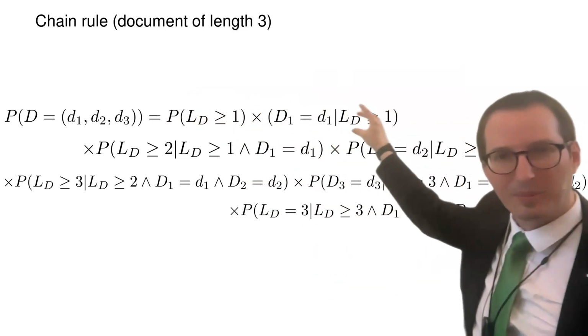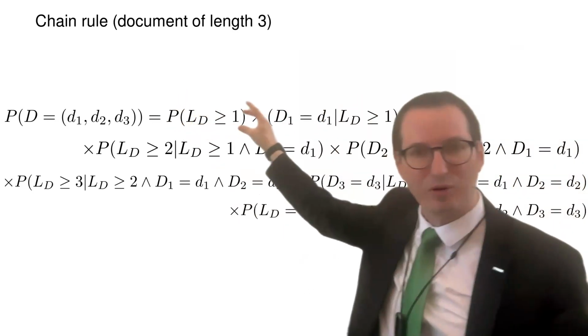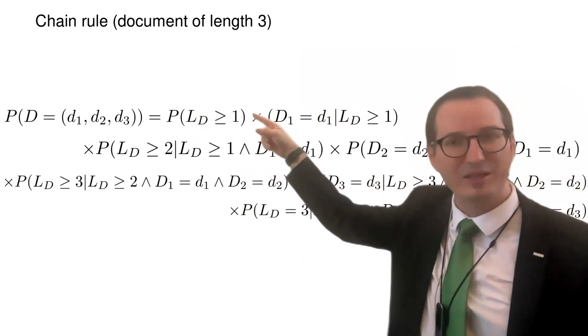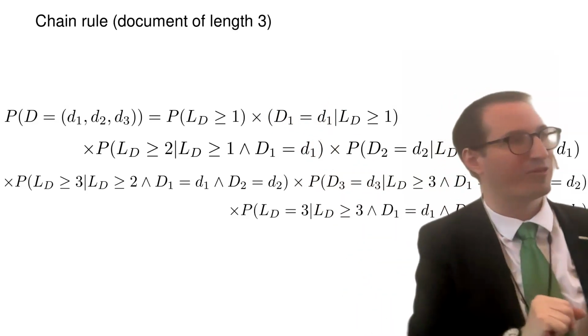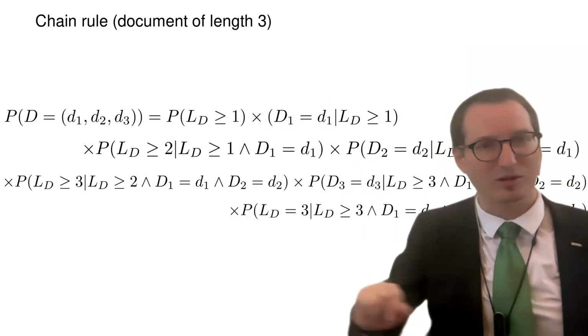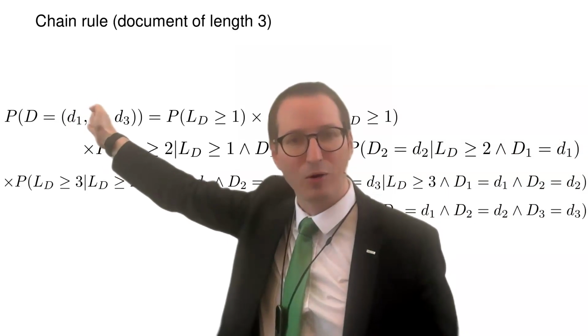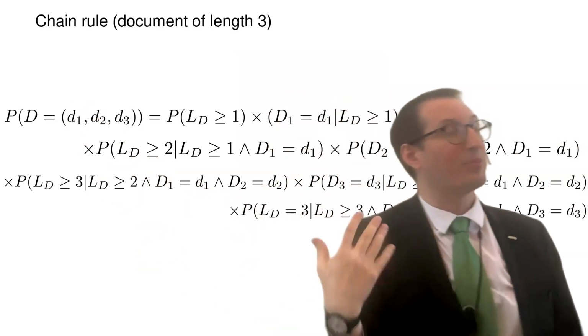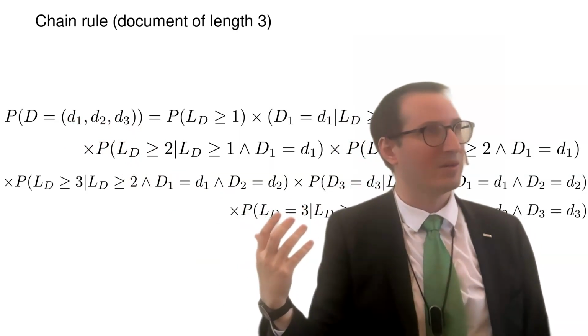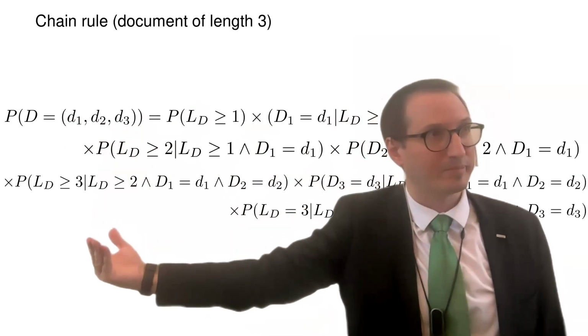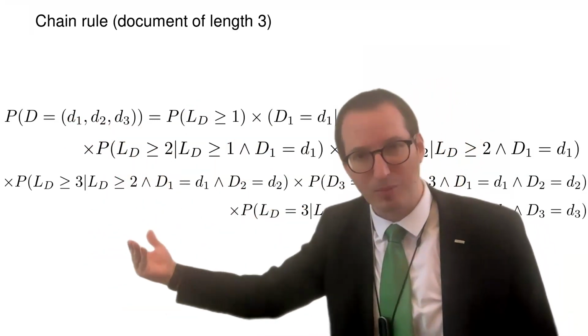So at that point, when I'm here, I have the probability of having a document of length at least 1 and of having information, D1, as my first word. But that's not enough, right? Because right now I'm only here. What should happen next to get this document here? What should happen next is that there's one more word. So now I'm going to throw in one more condition.